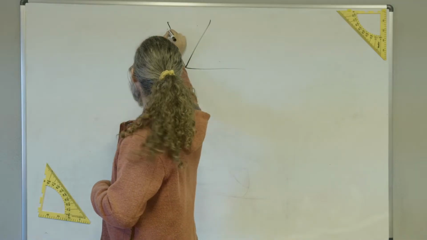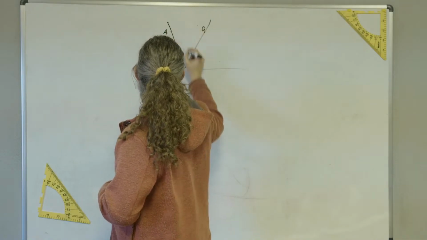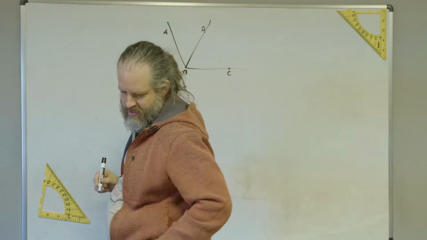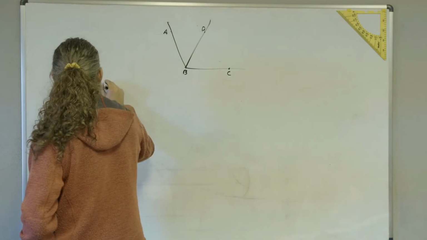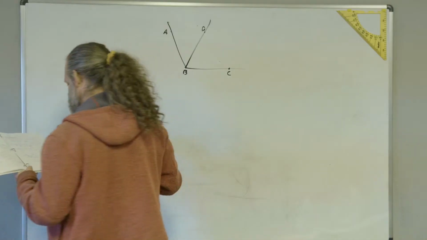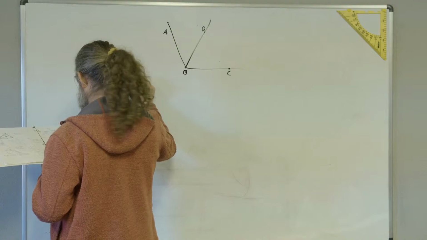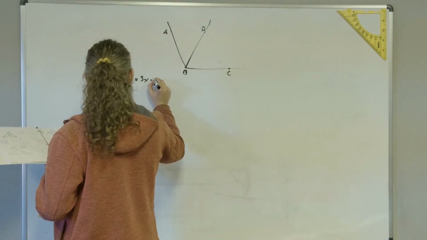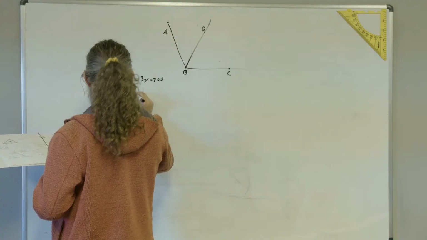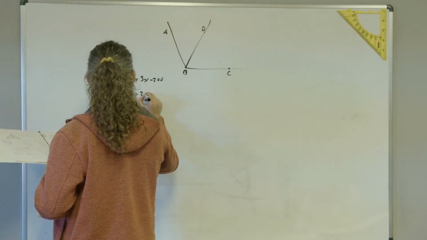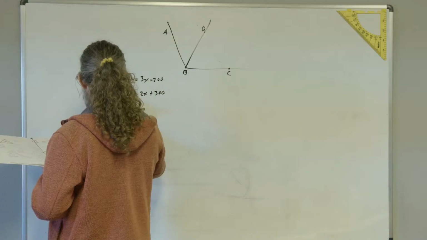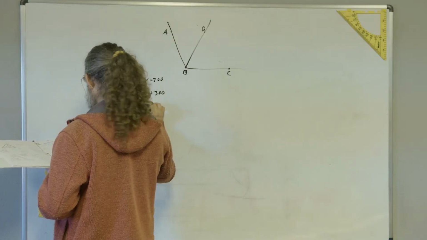We've got A and D, and this one over here is B. This one is C. And for 4 it says measure of angle ABD equals 3x minus 200, and the measure of angle DBC equals 2x plus 300, and the measure of ABC equals 4x plus 150.